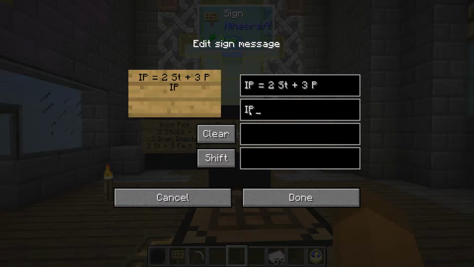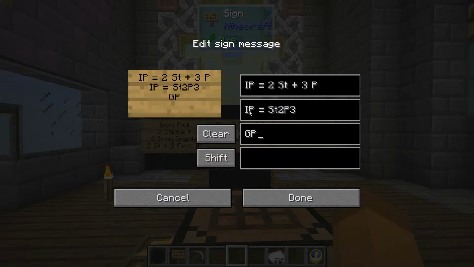Then we could say that an iron pick is the name of something. Iron pick is a substance, and iron pick is the name of that substance. We can say that it has the chemical formula, perhaps, of 2 sticks and 3 planks, St2p3. The sticks and planks go in together.